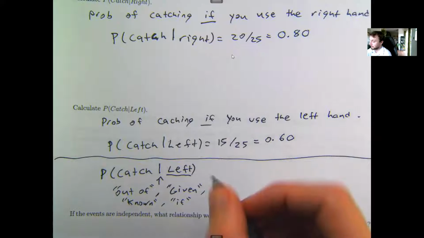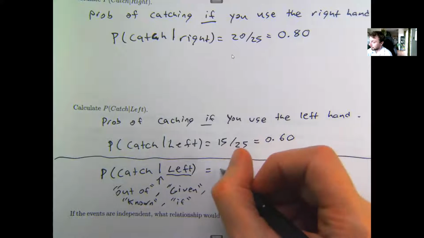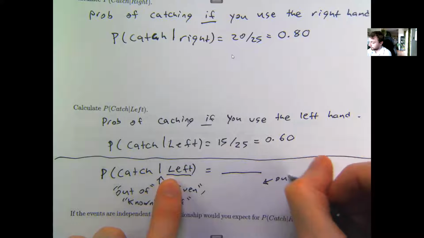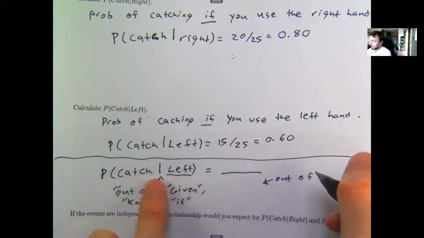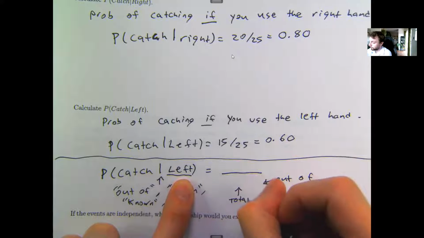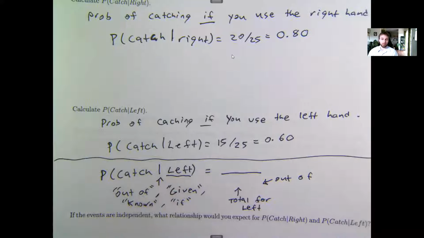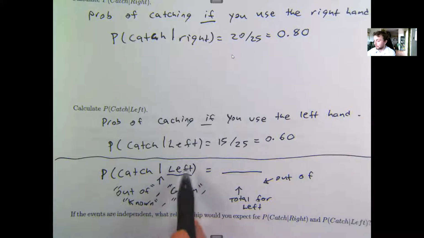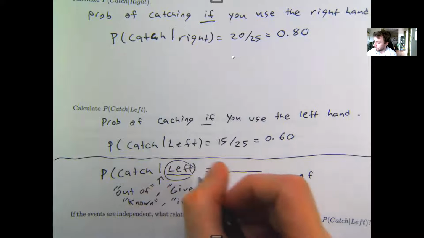When you are finding these probabilities, you're going to have on the bottom the thing that it is out of. So if it's out of the left hand, or if you use the left hand, you're going to have the total for the left showing up on the bottom. This looks like you are dividing by that amount, so divide by that amount.